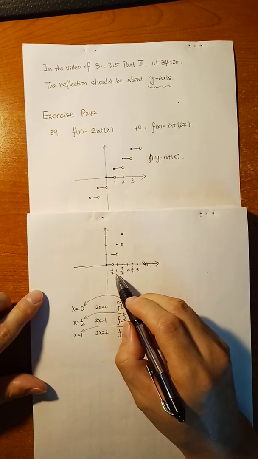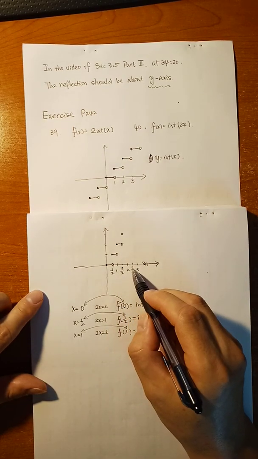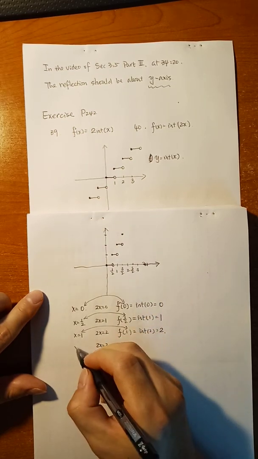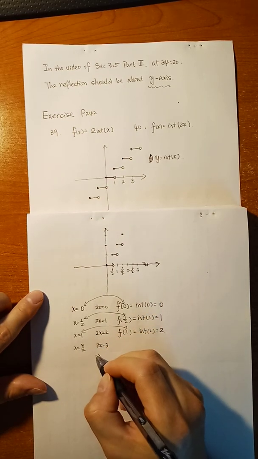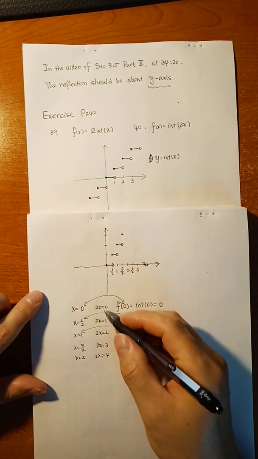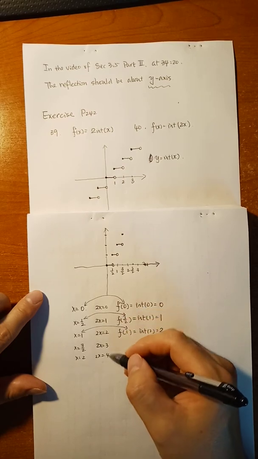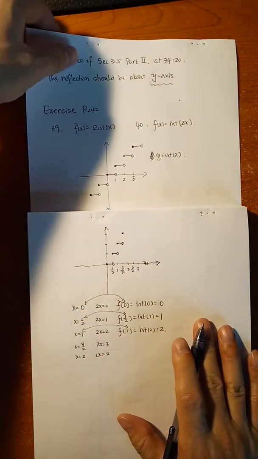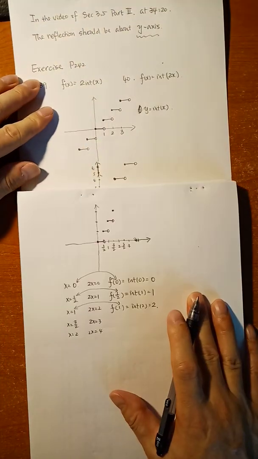And those 1/2, 1, 3/2, 2, 5/2, 3, they are actually from the solutions of 2x equal to 0, equal to 1, equal to 2, equal to 3, equal to 4. We are interested in the jumping point or the changing point.